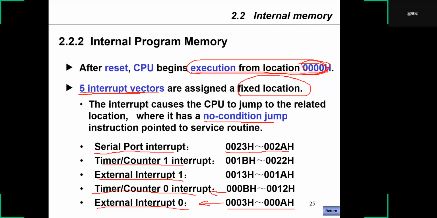We can see from here, 0000H is for the main program. 03H is for external interrupt 0. 0BH is for timer 0. 13H is for external interrupt 1. 1BH is for timer 1 interrupt. 23H is for the serial port interrupt.